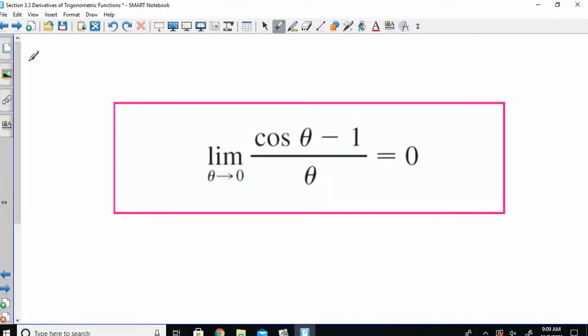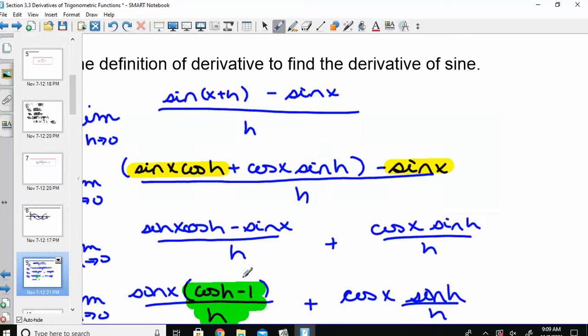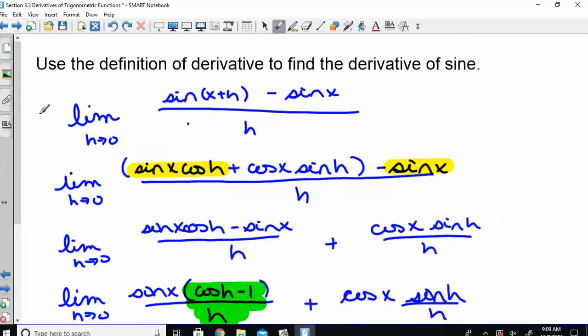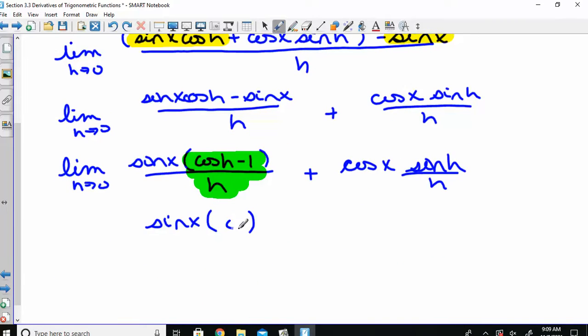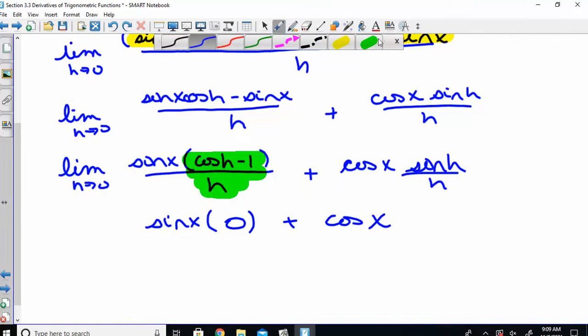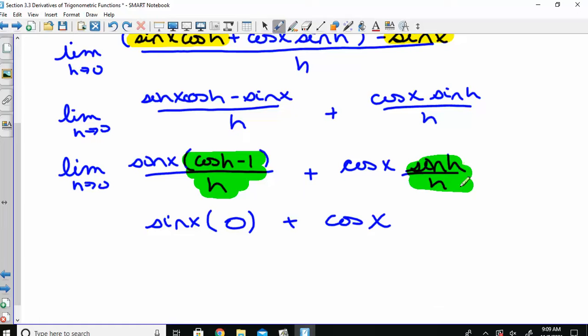Yeah. So one we worked out before, so that's a 0. Plus cosine x times, what's the limit as h approaches 0 of sine h over h? 1. And we get 0 plus cosine x, which is cosine x.